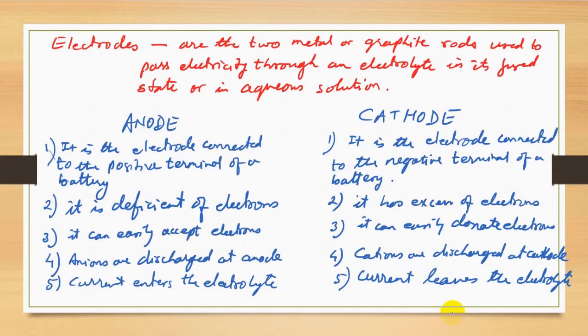They donate an electron. So when they donate an electron, the anode will take it. So anions donate electron, meaning they're losing electron. And loss of electron means what? Whenever there is loss of electron, what does it mean?